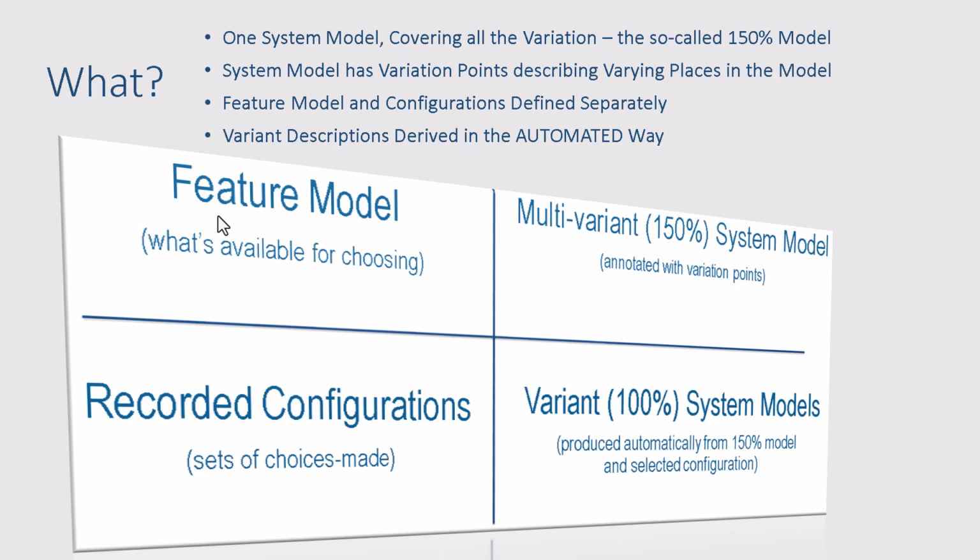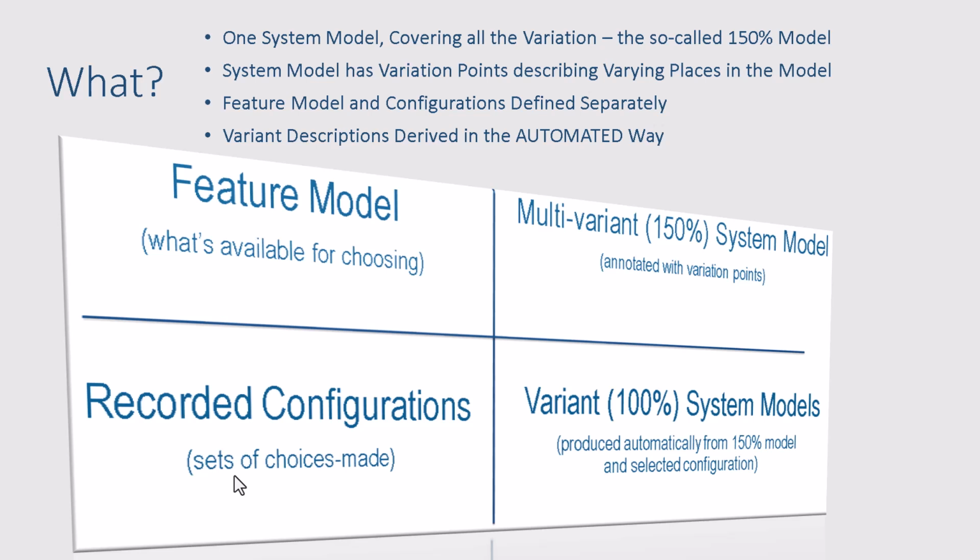Now, pretty much we deal with 4 types of models. Instead of working on different product-specific system models, we introduce a so-called 150% model, which covers all possible variations of your system. And then we introduce separate models like the feature model, which is the smallest model, which just lists the features, what configurations are possible, and what the possibilities to change are, and also what typical configurations are possible, right?